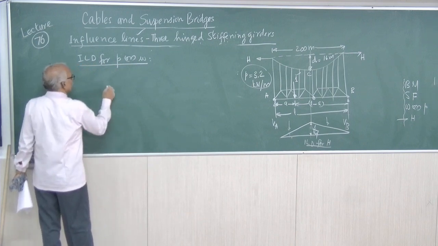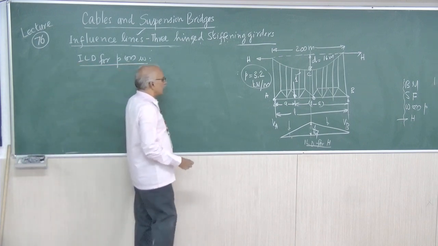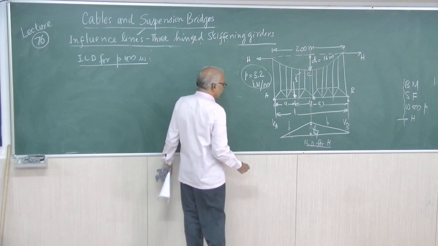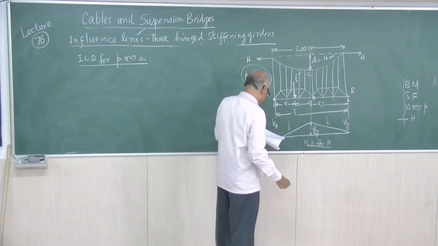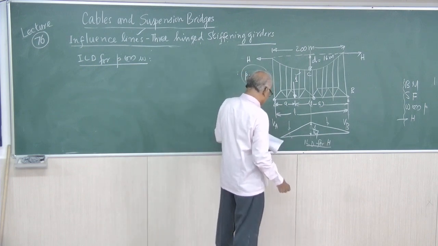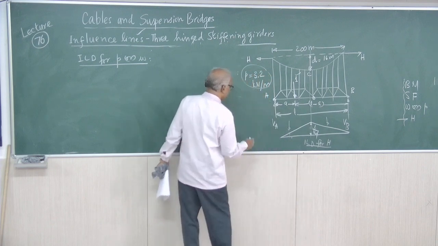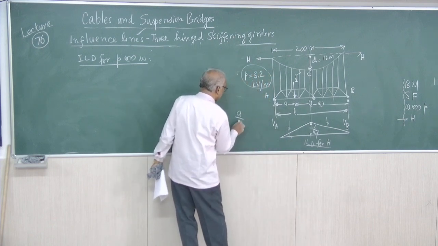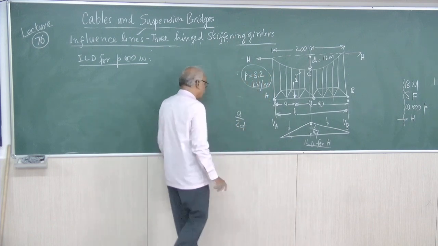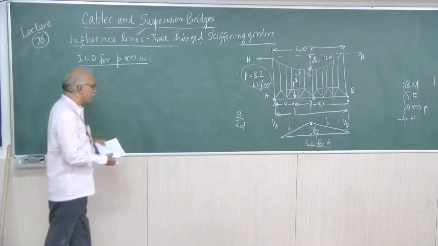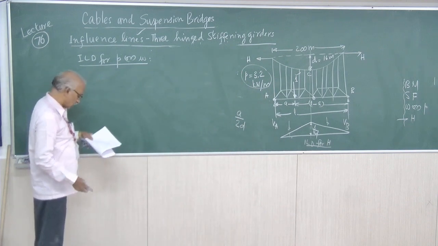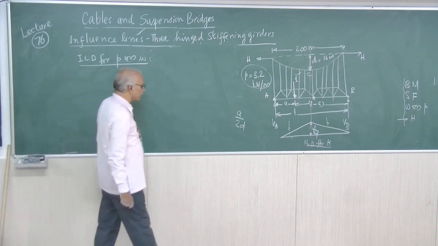We know the ILD for the horizontal tension is given by, the general equation is A by 2D. Due to the moving unit load, it is A by 2D, because A is a variable.